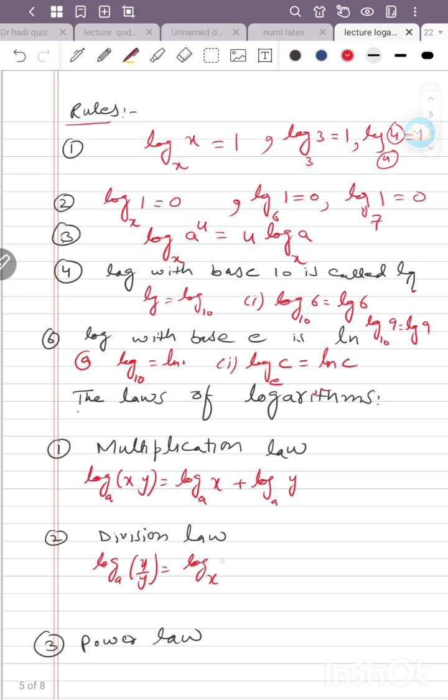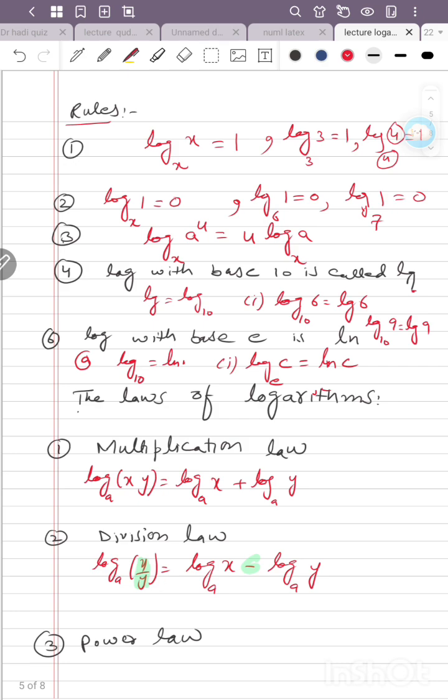Another, second rule: log base a of x over y means log base a of x minus log base a of y. Because these two are divided, the property says that it will be negative. Important thing.